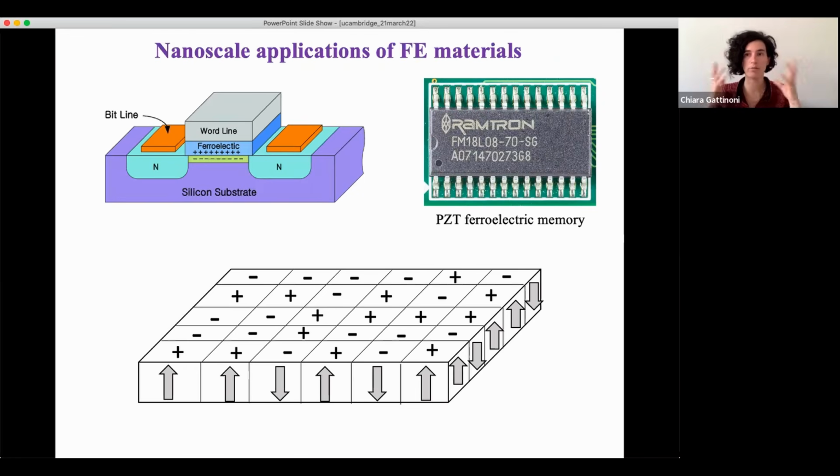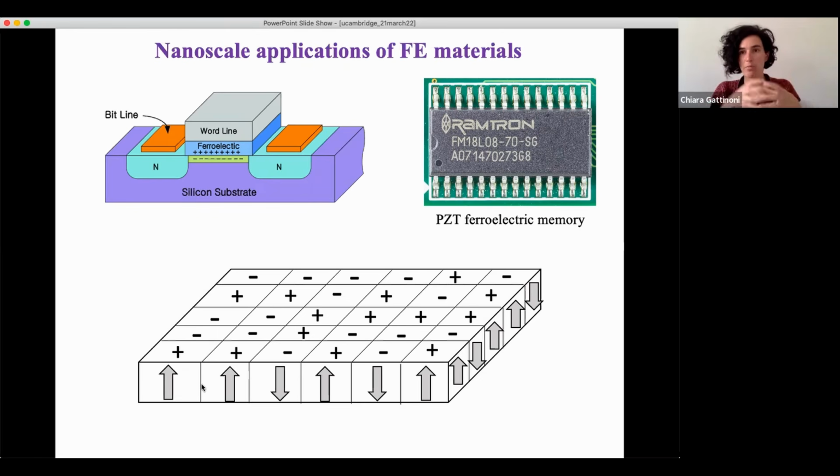However, the goal is, explaining this rather rubbish drawing here, where we want to sort of dispense of this architecture, have a more compact type of device where we could have a thin film of a ferroelectric with many different domains.